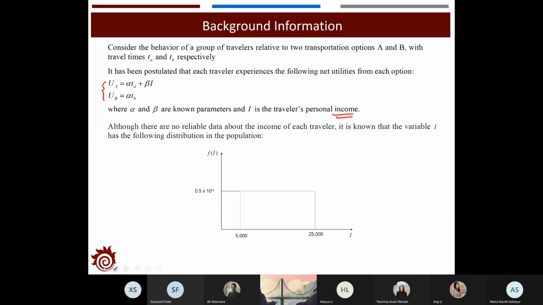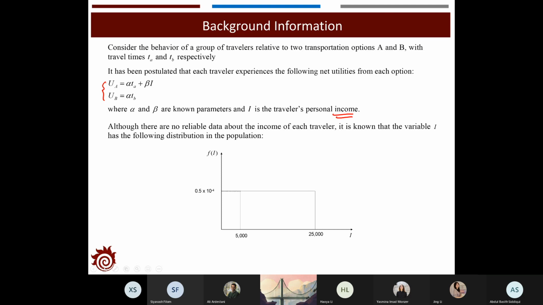Now we want to find out the probability for an individual to take mode A or mode B based on the given travel times of mode A and mode B.